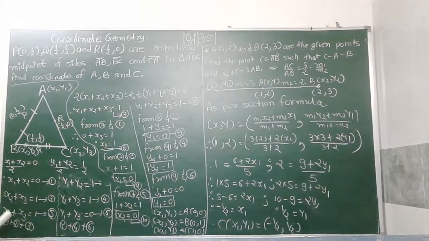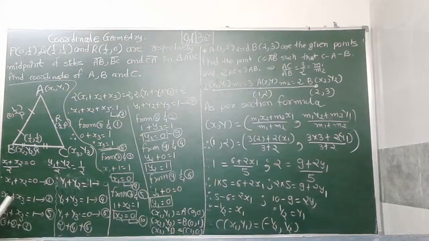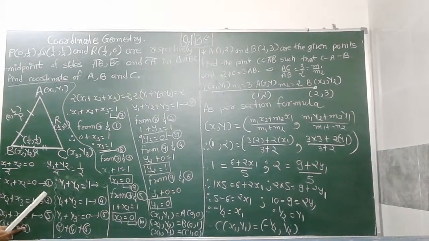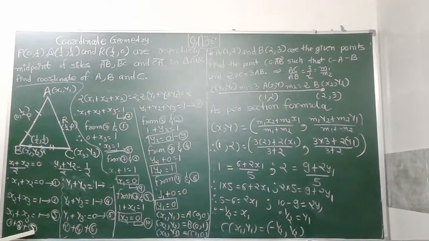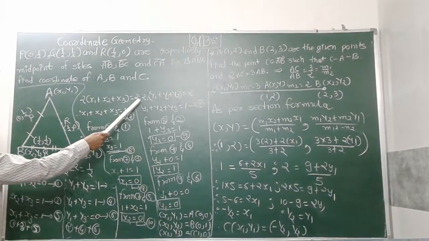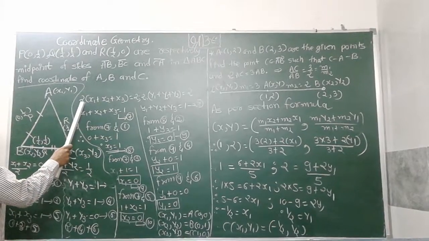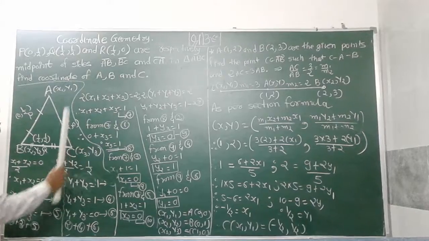Now we are adding equations number 1, 3 and 5. So we are getting 2(x1 + x2 + x3) is equal to 2. This 2 goes to the division side, that is x1 + x2 + x3 is equal to 1.